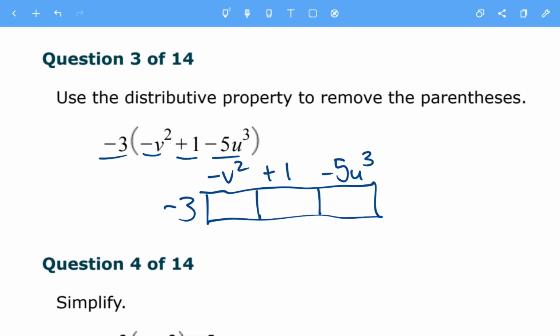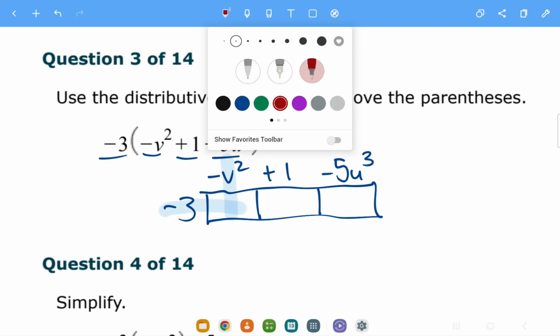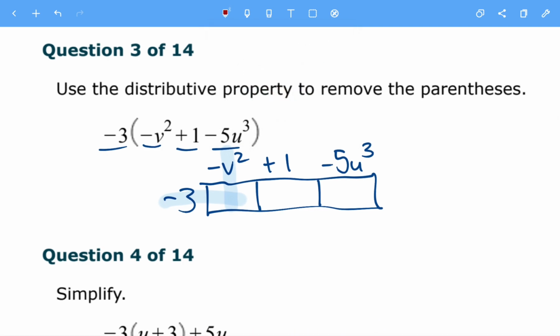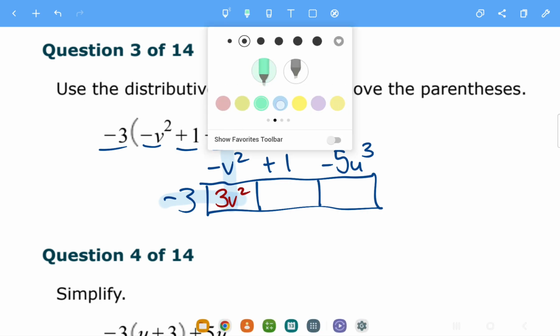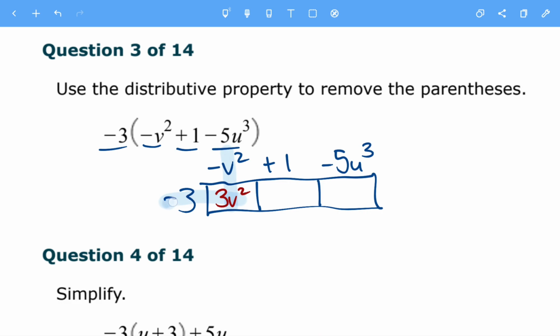And now we're going to multiply each row by each column. So negative 3 times negative v squared, that gives us a positive 3v squared. Now negative 3 times a positive 1 gives us a minus 3.